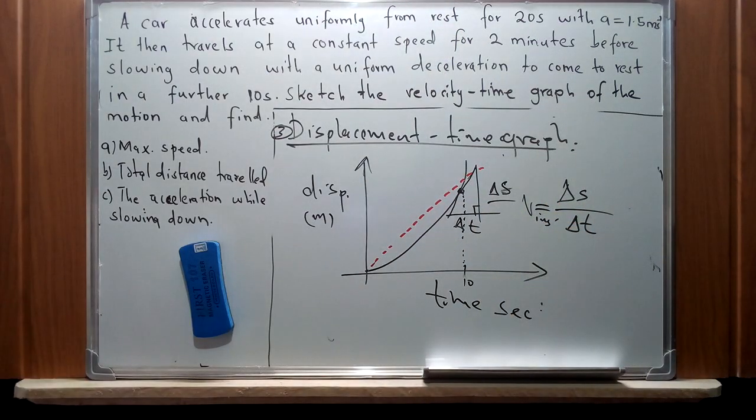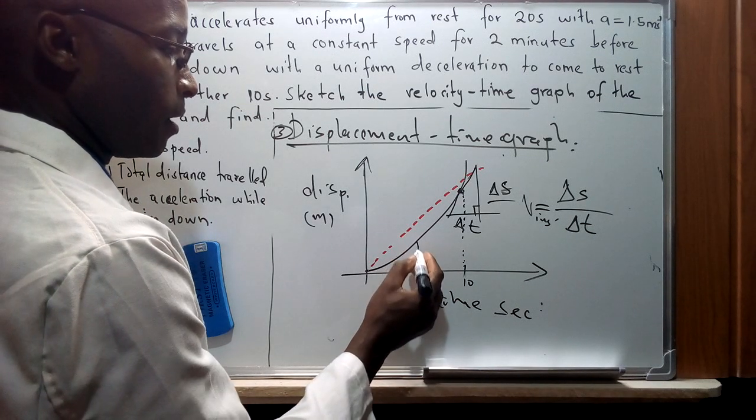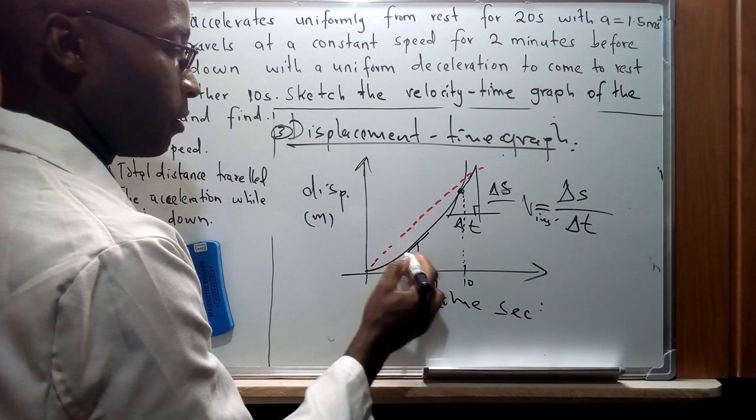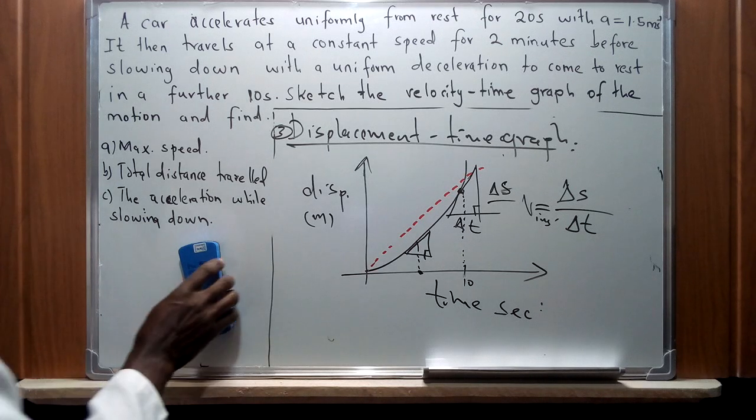That is velocity at that point. So if it is maybe at the 5th minute or the 5th second, we'll just do the same by trying to find a gradient at that particular point. So that is what we refer to as instantaneous velocity.